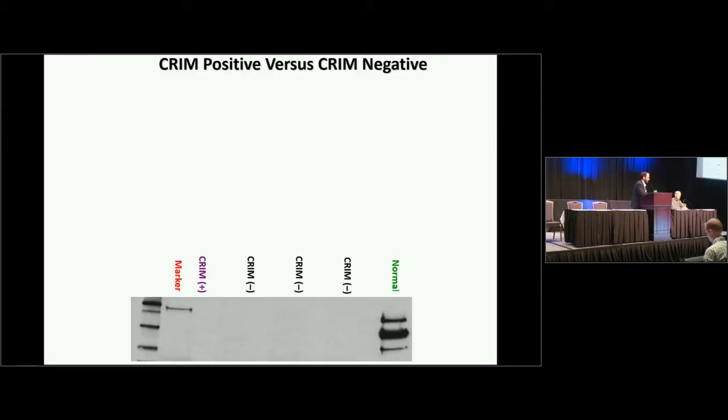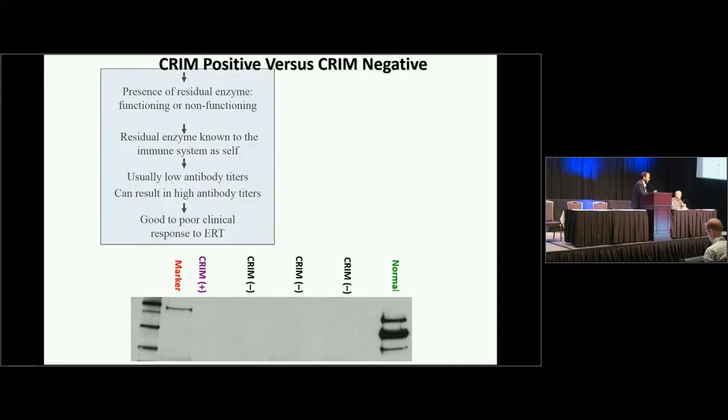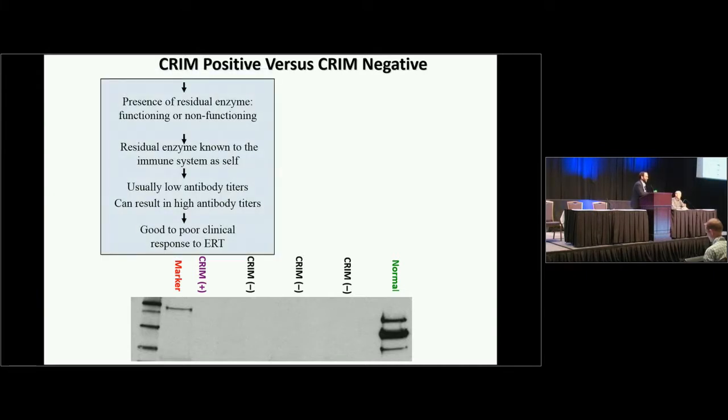So this is an example of the problem. Actually, so there are cross-reacting immune material or CRIM-positive patients, and they have mutations that result in residual enzyme that would have defective function because they have Pompe disease. But that residual enzyme is sufficient for the immune system to recognize GAA itself.